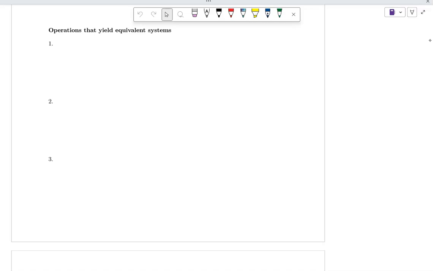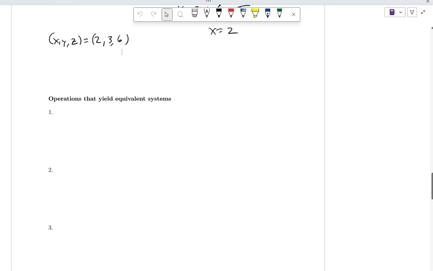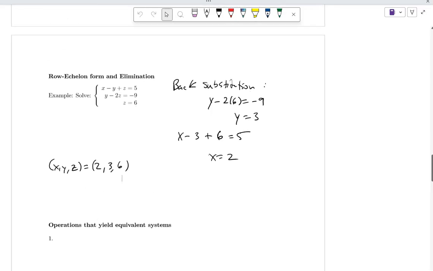So we talked last time about doing elimination with equations and hoping that we could get down to this triangular form that we talked about right at the end, because then we could use that back substitution process to get the solution or solutions, if necessary, to the system.